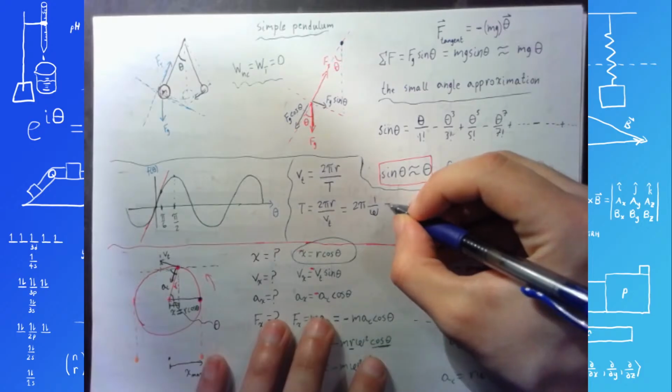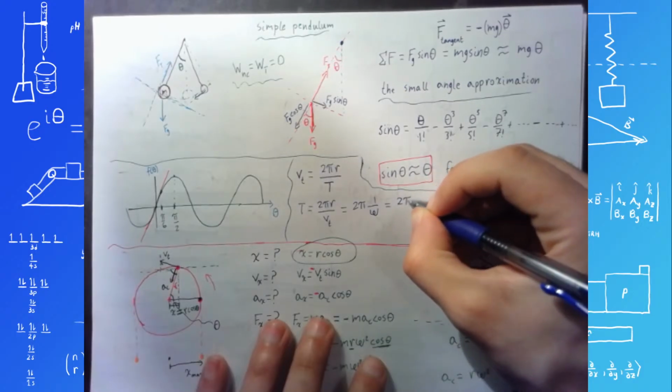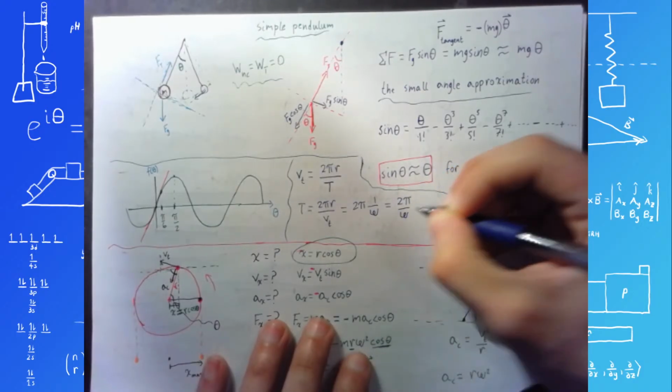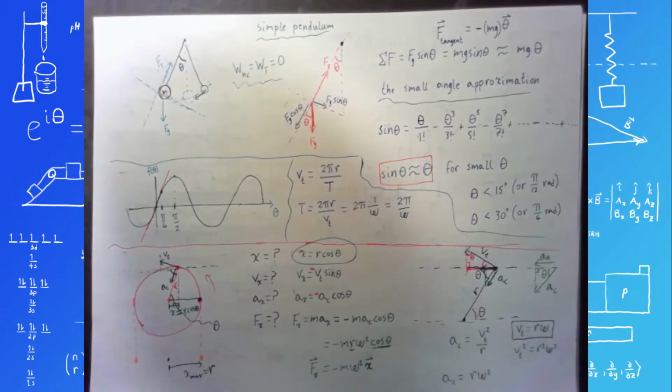Or better yet, I would just write it as 2 pi over omega, like this. Okay, 2 pi over omega. Frequency is going to be the reciprocal of period.